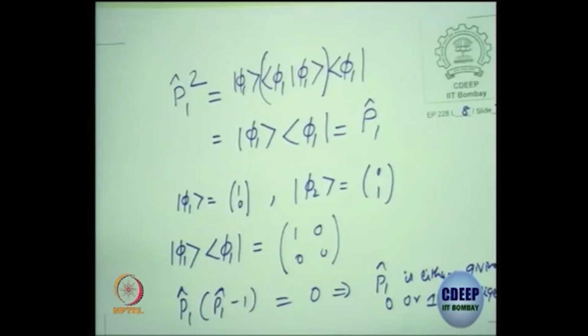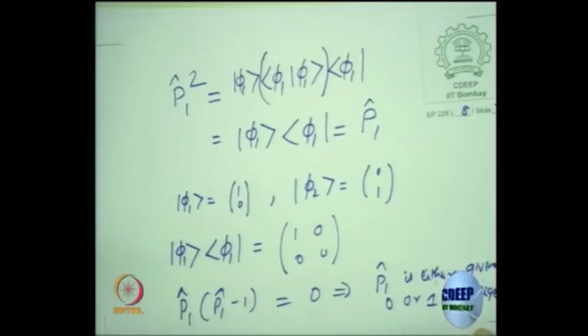This condition is a product of two operators, and it will tell me that P1 is 0 or P1 is equal to 1. That is all I am trying to say. It should also satisfy P1 squared equal to P1. These constraints are the only possibilities, okay.